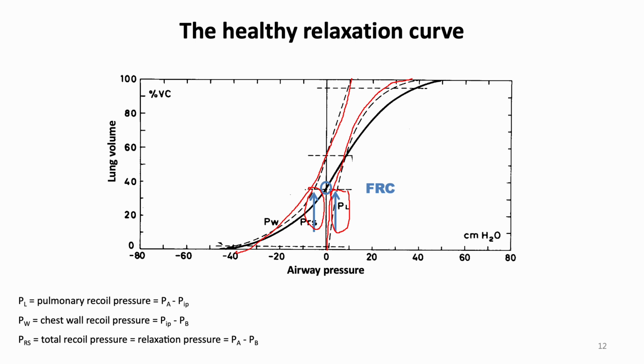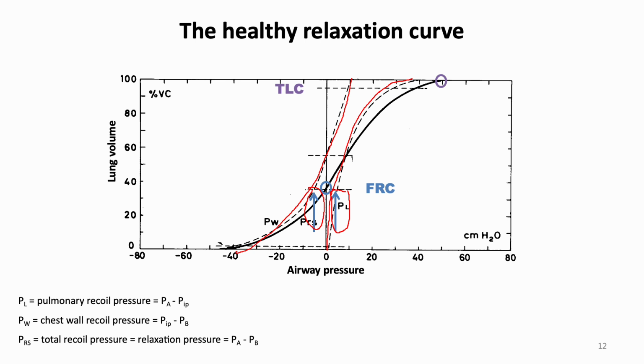Okay, so let's increase lung volume to total lung capacity. At total lung capacity, what we can see is that there's a high relaxation pressure, high total recoil pressure. So the whole respiratory system really wants to become smaller at total lung capacity.